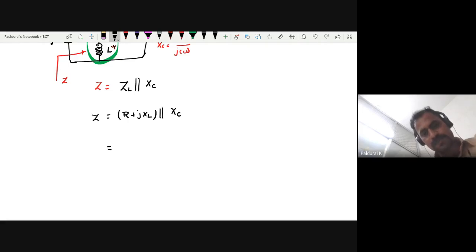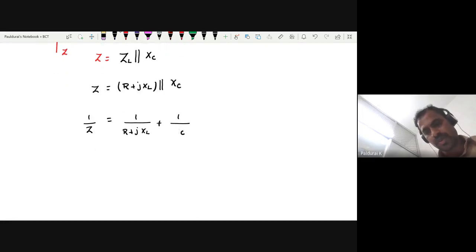This is my Z. So 1 by Z equal to, you know the formula, 1 divided by R plus J times XL, plus 1 over XC, where XC equal to 1 by J C omega.